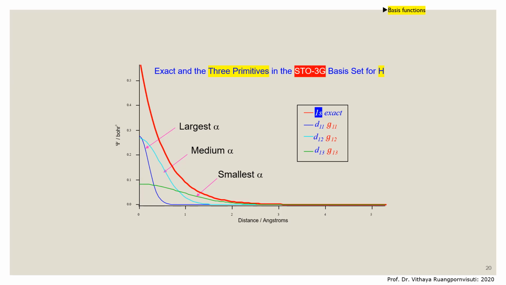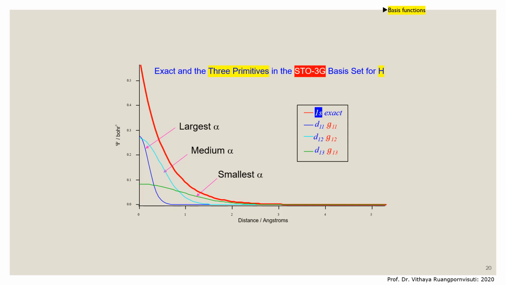The red line is the exact 1s orbital value. The blue line, the cyan line, and the green line are the terms D11, G11, term D12, G12, and term D13, G13.